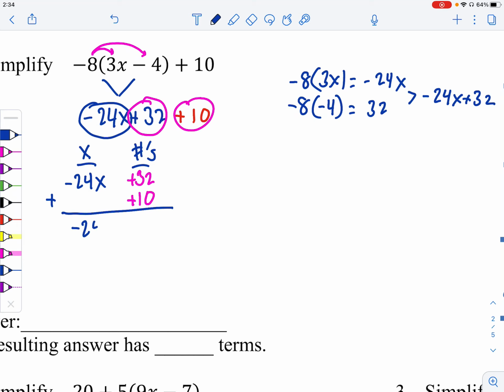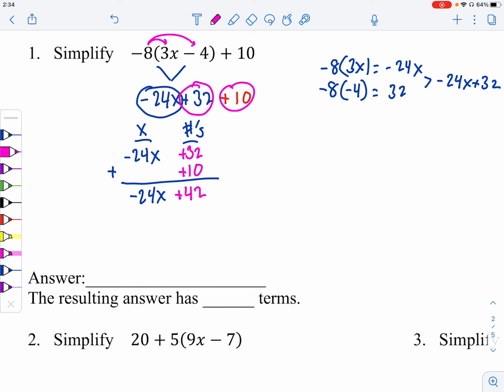So you got negative 24x because there's nothing else to add, and those are x's. And our numbers, 32 plus 10 is positive 42. Right? So that's our answer right there. We're done. So negative 24x plus 42. And our answer has 2 terms.